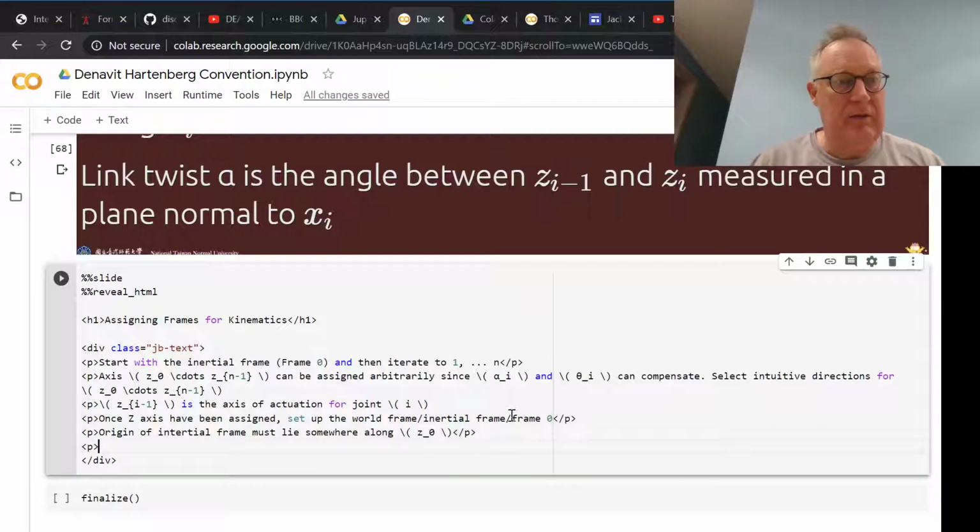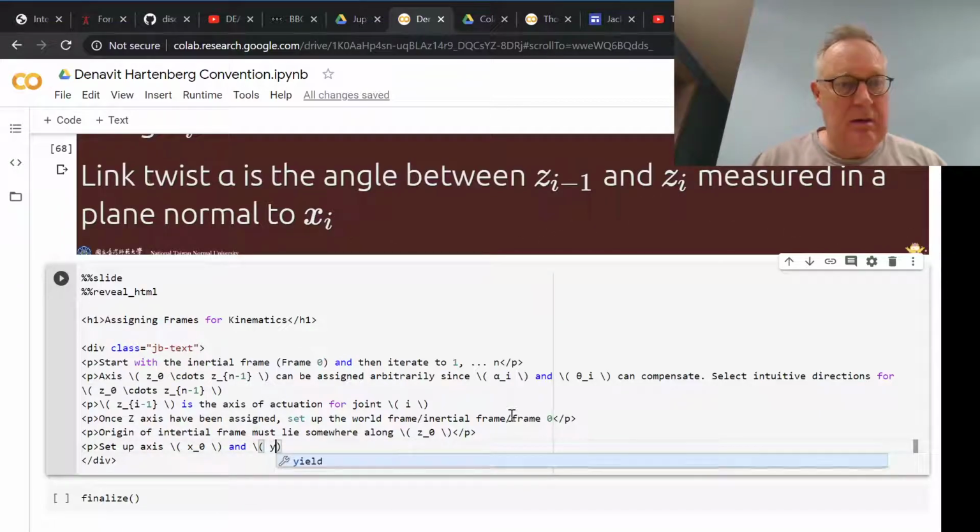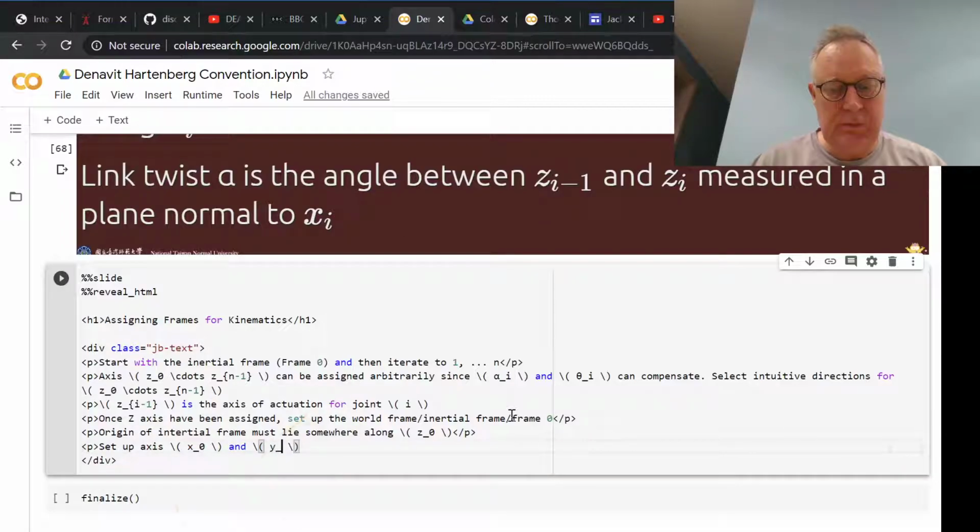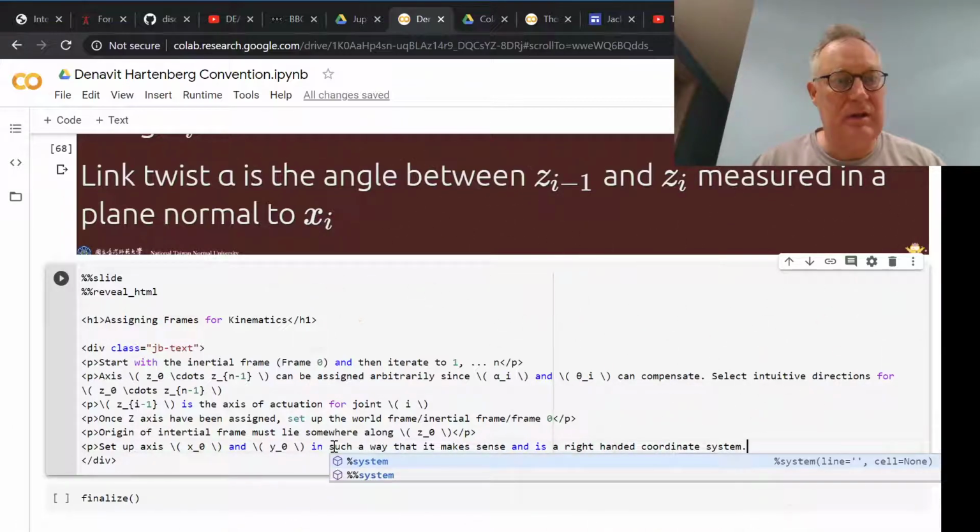But we still have a choice for X and Y, so set up x0 and y0 in such a way that it makes sense to you, and is a right-handed coordinate system. That's really the only constraint. It must be a right-handed coordinate system.